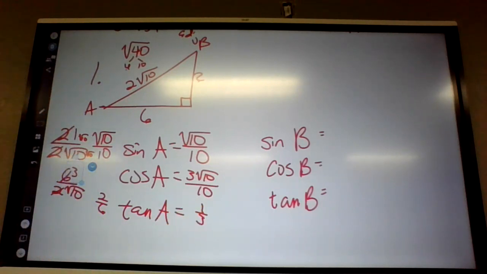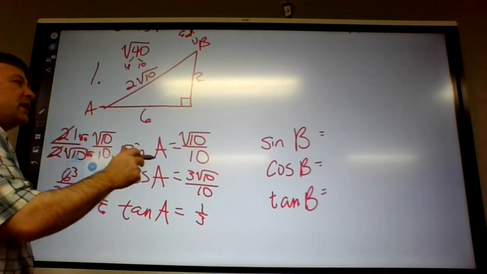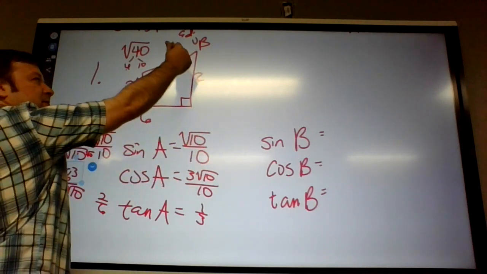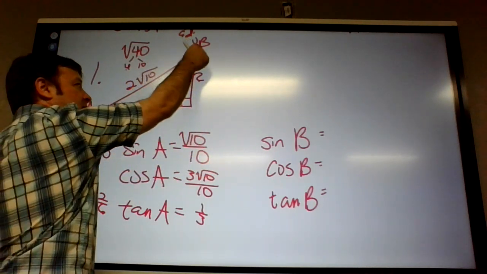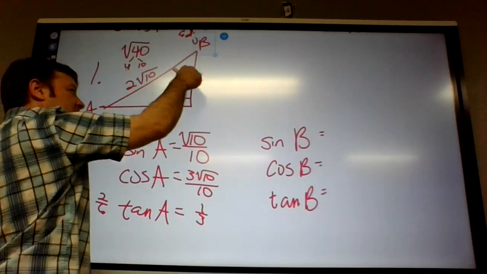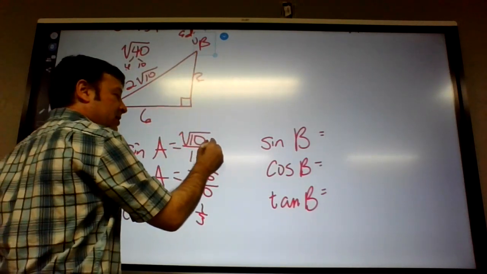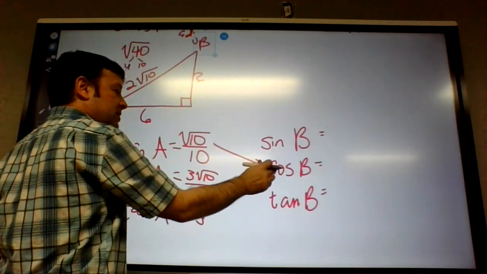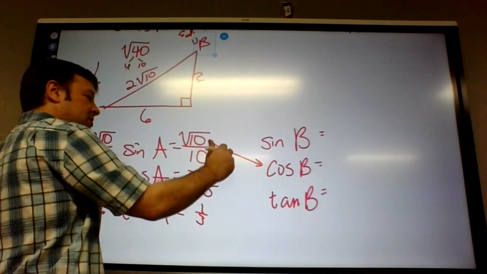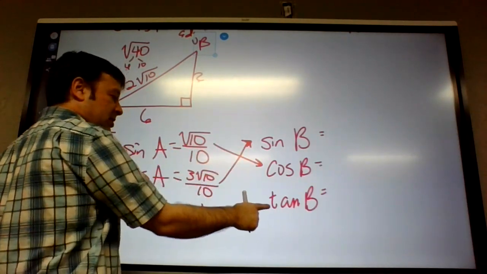Alright, there was a way we can cheat on this. Do you guys remember the fast forward way? Now if you're not sure, just do the whole thing. Just do what sine would be, that over that. What cosine would be, that over that. But yeah, the pattern is cosine of B is going to be the same as sine of A. Cosine of A is going to be the same as sine of B. Remember how we did tangent?